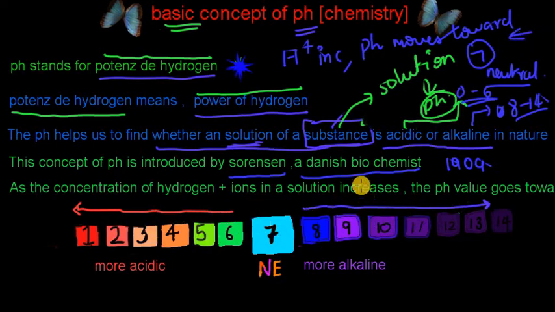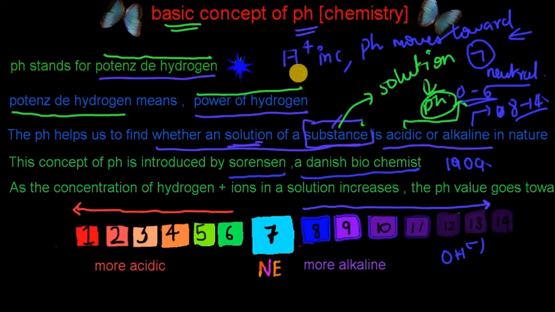Alkaline substances have very few hydrogen ions when we compare them to the OH minus ions. The content of hydroxide anions will be more than the hydrogen cations.